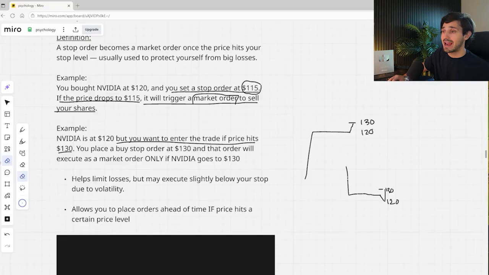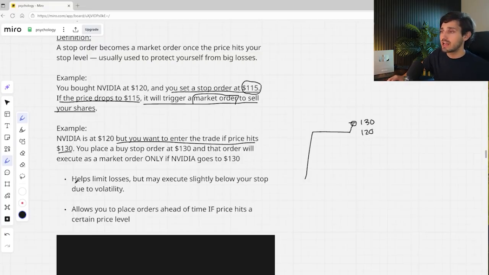So you could either do it to exit your trades, or you could even do it to enter into your trades where, like in this example, prices are at 120, but you only want to get in if prices hit 130. So you would place a buy stop order at 130, and it would only execute once prices move from 120 to 130.